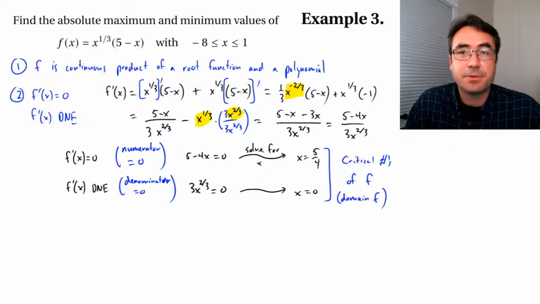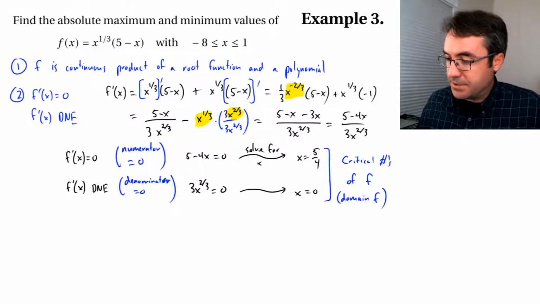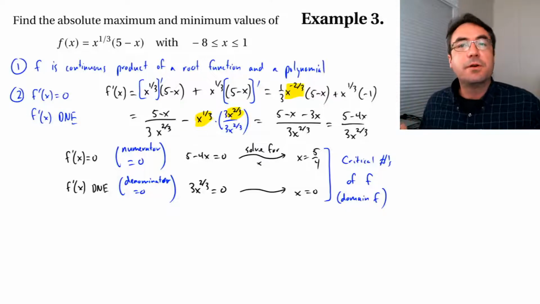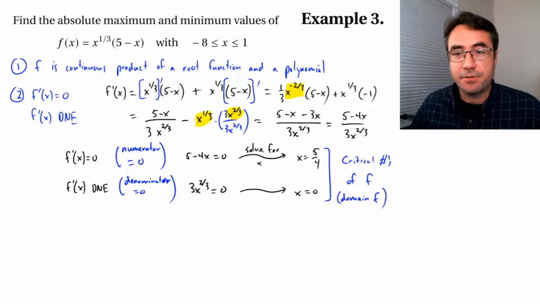Same thing with x equals 0. We could go back to that original function, plug it in. We don't get anything undefined. So those are in the domain of our function, so they're critical numbers. All right, so that's the bulk of our work here, calculating the derivative and then figuring out where it's equal to 0 and where it's undefined.